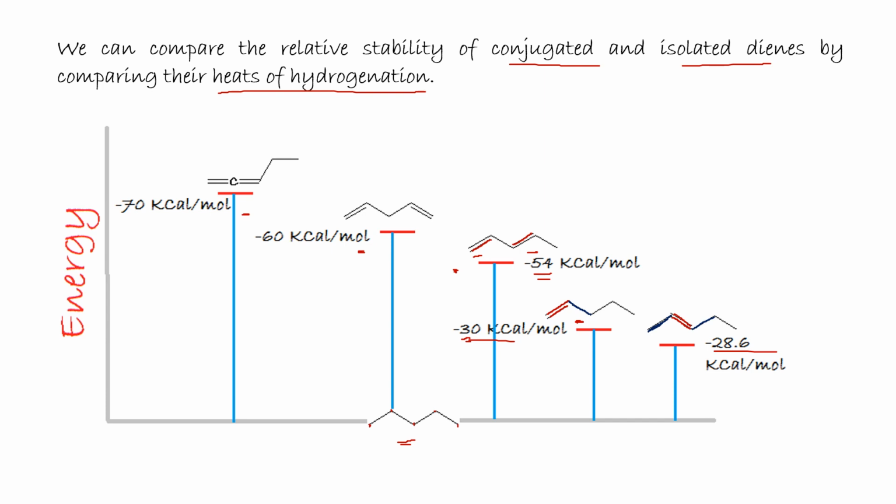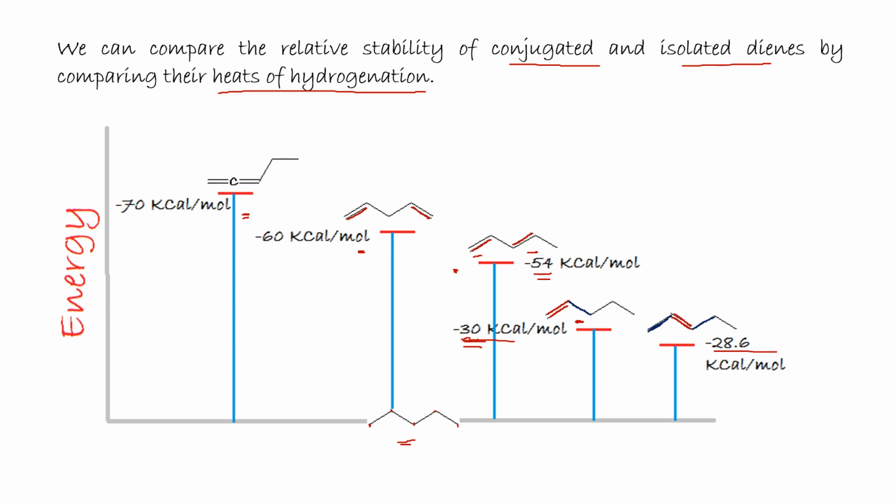When we have this 1,4-pentadiene, it actually gives twice the value of 1-pentene, 30 times 2, which means there is no stability in this system.